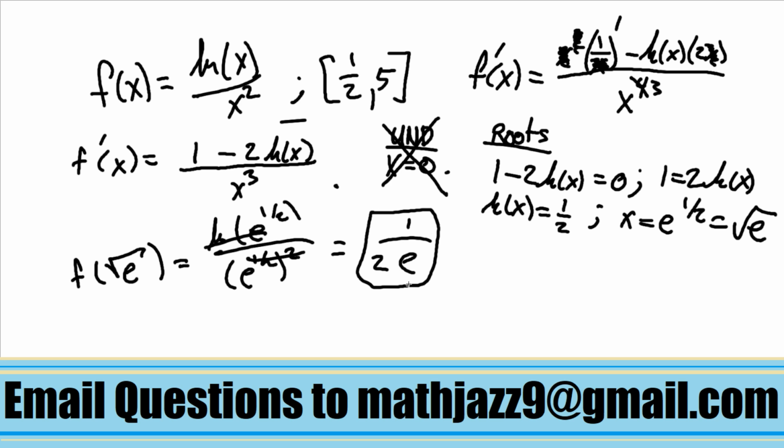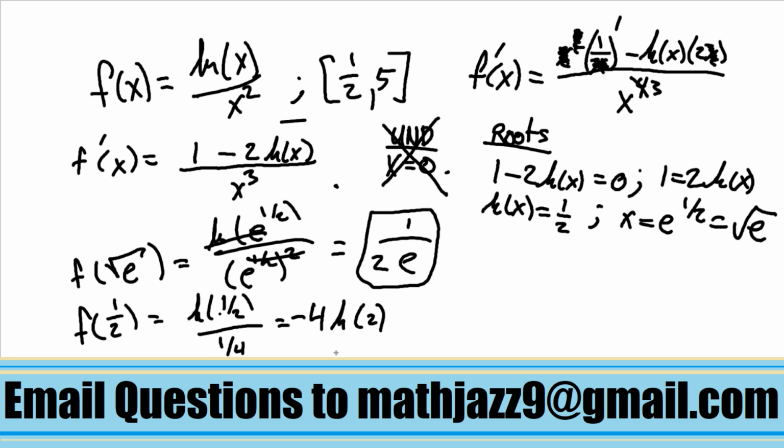Sorry, 1/2 of 1 over e is what we get after we simplify. We want to check f of 1/2. That's going to be natural log of 1/2 over 1/4, which is going to equal -4 ln 2. This is a negative number.